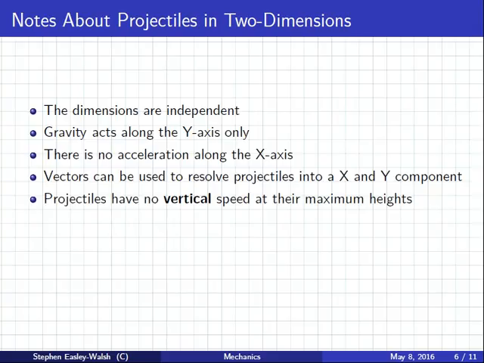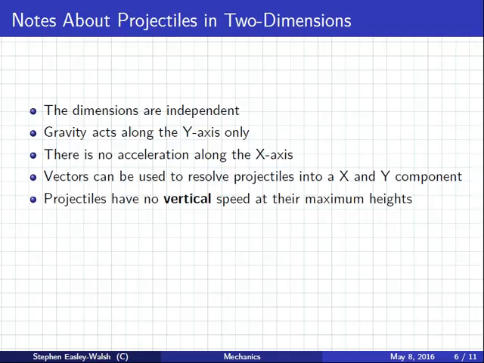Projectiles have no vertical speed at their maximum height. We kind of saw this with the bullets earlier: when the projectile is at its highest point, there's no vertical speed. But it still has a horizontal speed because it's still traveling through the air.